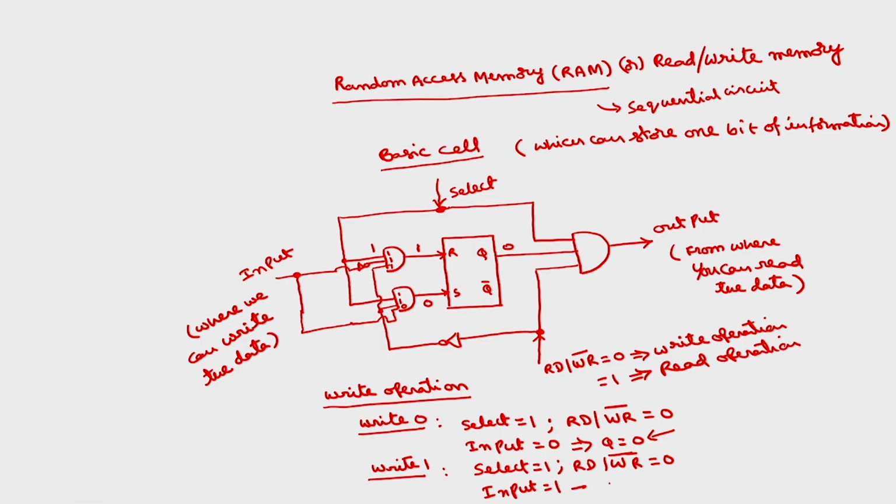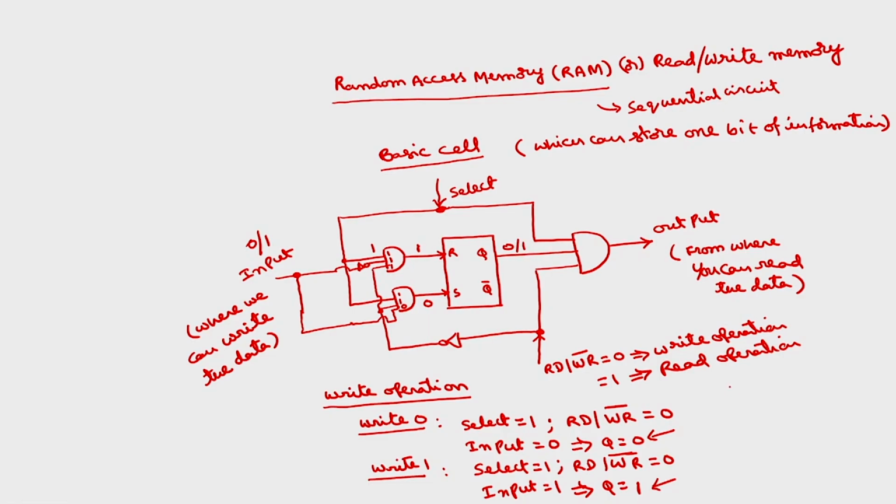Now if I evaluate Q, because now this will be reverse, the output of the first AND gate becomes 0, second AND gate becomes 1, so Q becomes 1. This is how you can write 1 bit of the information. If you want to write a 0, you take a 0 here. If you want to write a 1, you take a 1 here. So automatically Q becomes 0 or 1. This is how we can write.